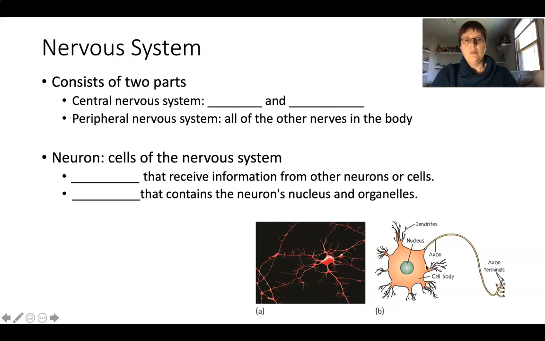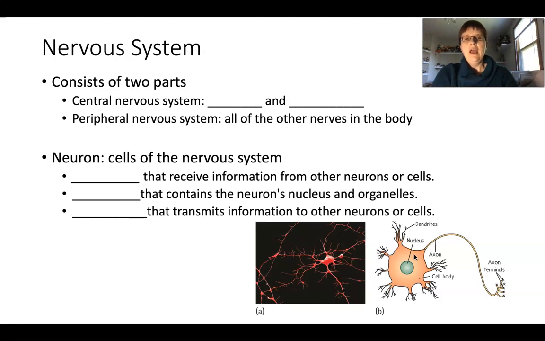Then we've got the cell body. Like I said, I pointed that out. We've got the cell body that has the nucleus. There'll be other organelles in here, things like the mitochondria and so on. And then you've got the axon, this long guy that I pointed out here. The axon ends in these axon terminals, these little fuzzy guys, these little branches. This is what transmits the information to another neuron or another cell.